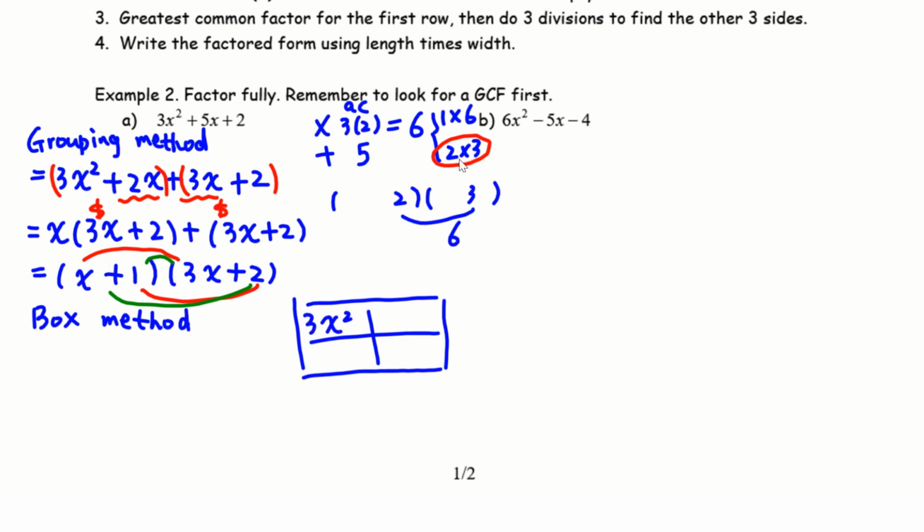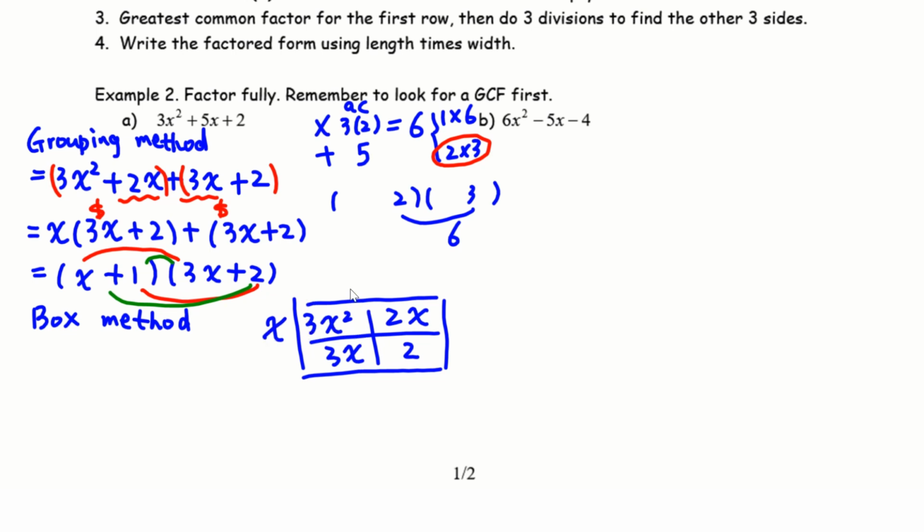The 2 numbers we found, and the last term go to the last. Those 2 numbers we found, rewrite 5x as 2x and 3x. So like the grouping method, we just write it into 2 rows. Then after that, we factor each row. So just like in the first bracket, 3x squared, 2x, factor this one, the common factor is x.